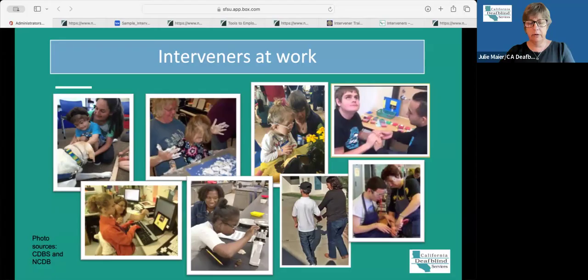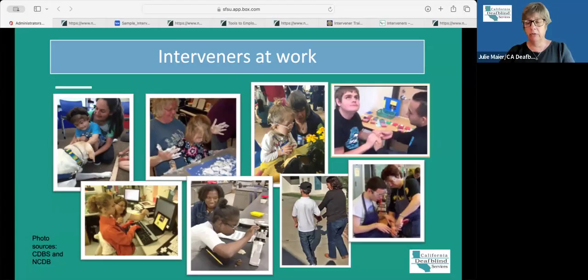The next has another older student using a balance in a science class to complete an assignment with the intervener looking on. Next to that is a student who's navigating his campus, a middle school campus, with a white cane. So he's learning navigation skills from his intervener who's been trained in how to do that.